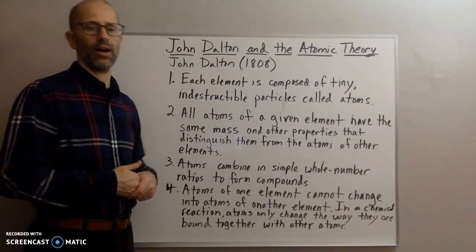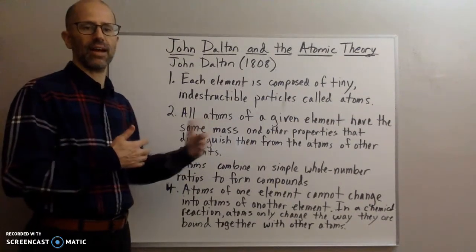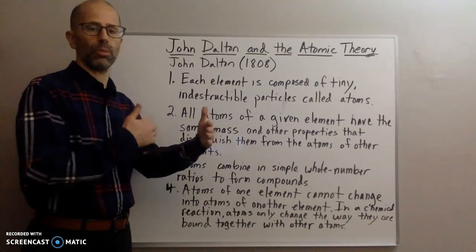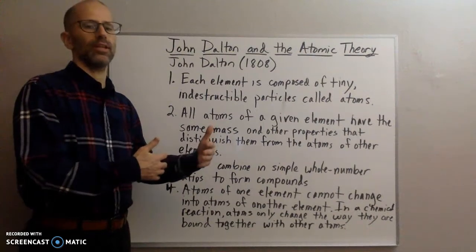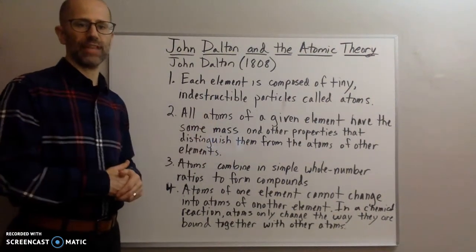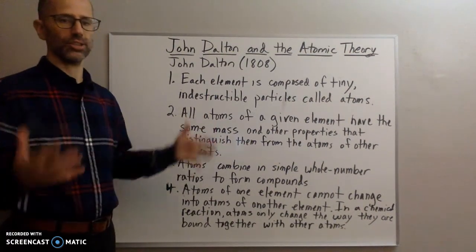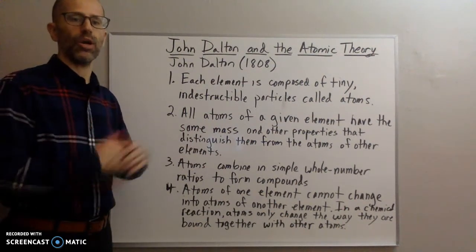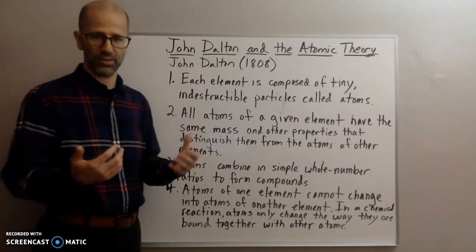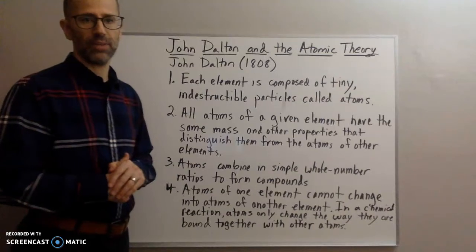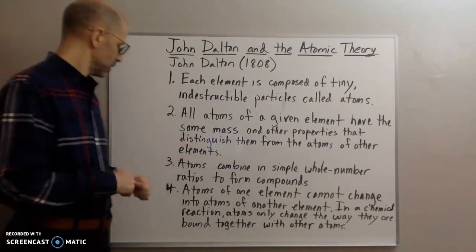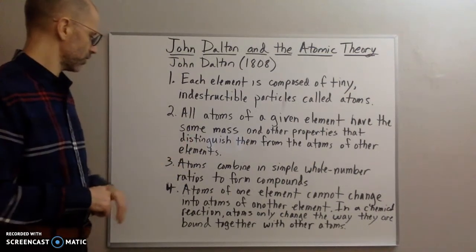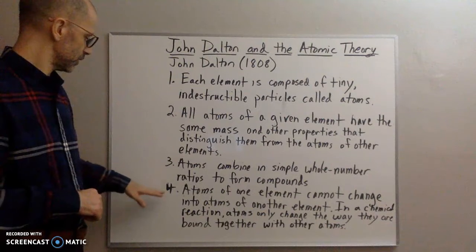And so this idea that the compound is made up of a whole number ratio of atoms, and those atoms have the same masses regardless of where you get this substance or this compound from, it's going to have the same ratio. So that is consistent with the law of definite proportions.